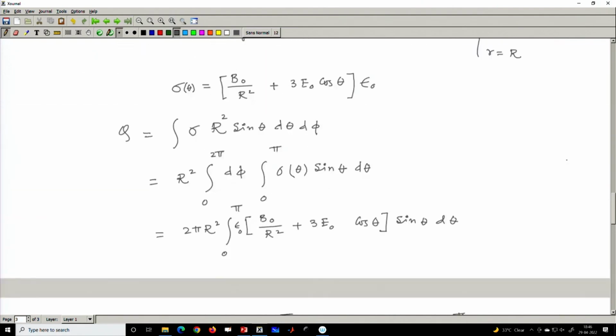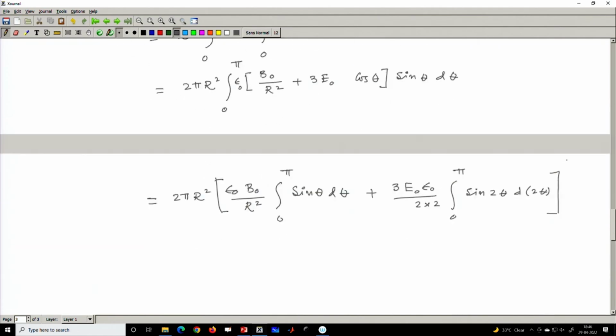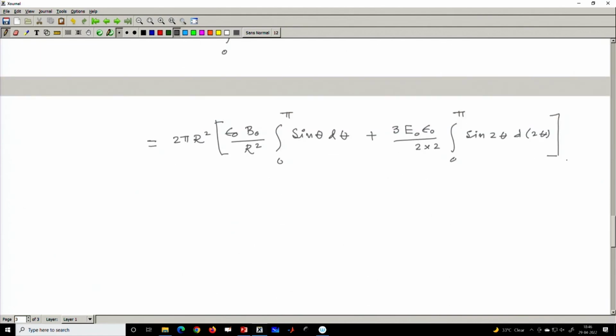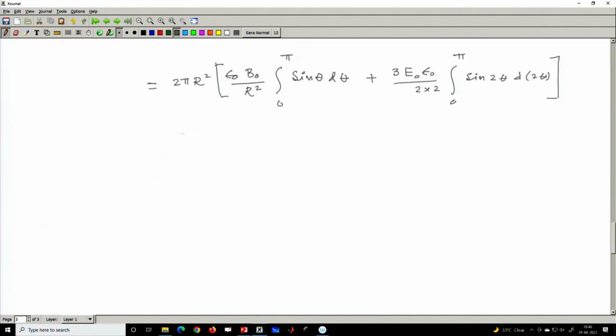Because for sin theta cos theta multiplication I make a half, and then it should be 2 sin theta cos theta, then it will be sin 2 theta. Yeah, that is the result.